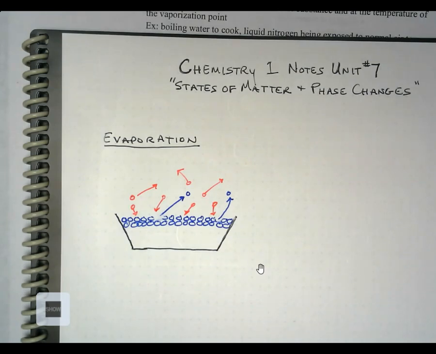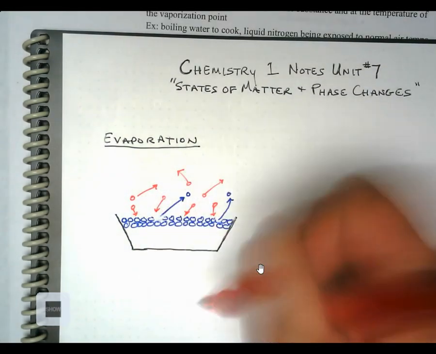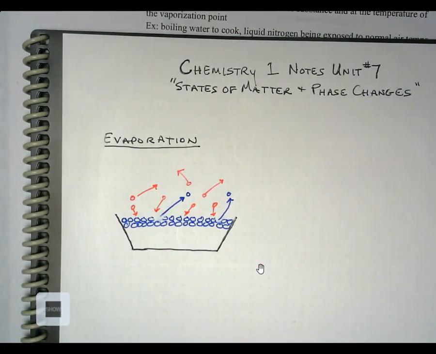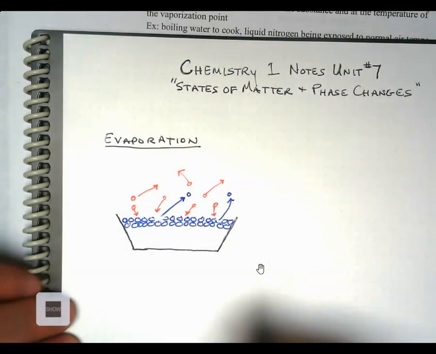So slowly over time, as air molecules continue to hit the surface, they just keep popping off water molecules. That's how evaporation works. Does that make sense? Does it make sense why it happens at the surface too? Because that's where the air molecules are striking, right? Okay, good.